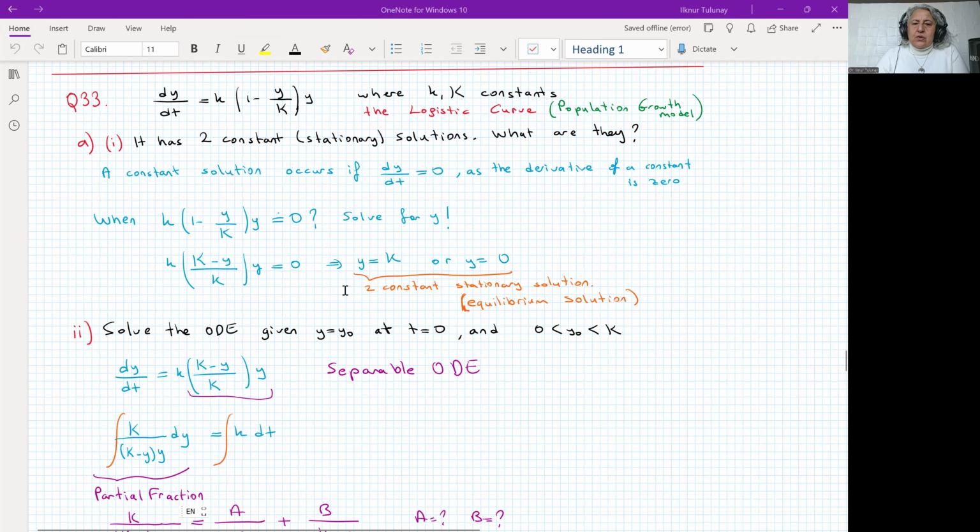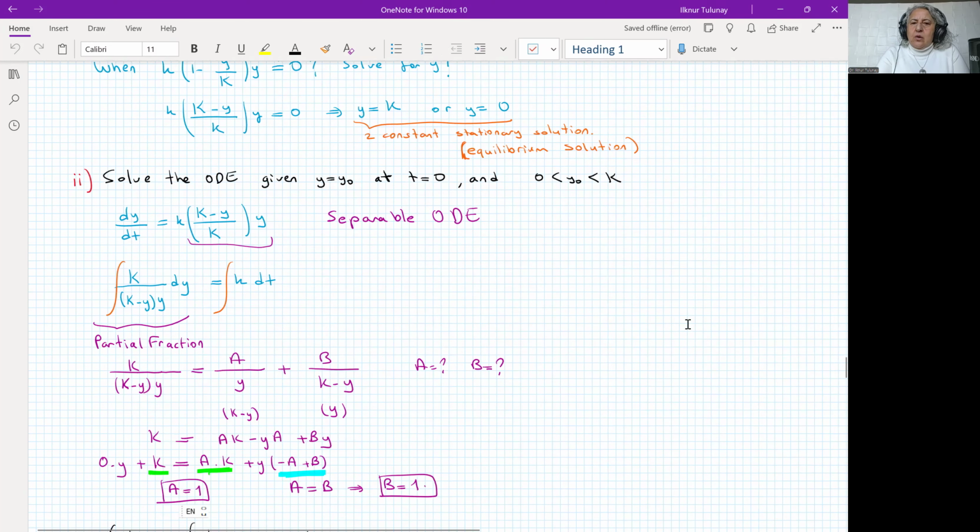If this factor is 0, it gives us y equal to big K, or y equal to 0. So these are the two constant, stationary solutions for this differential equation. It's pretty straightforward. A stationary solution is also called an equilibrium solution.